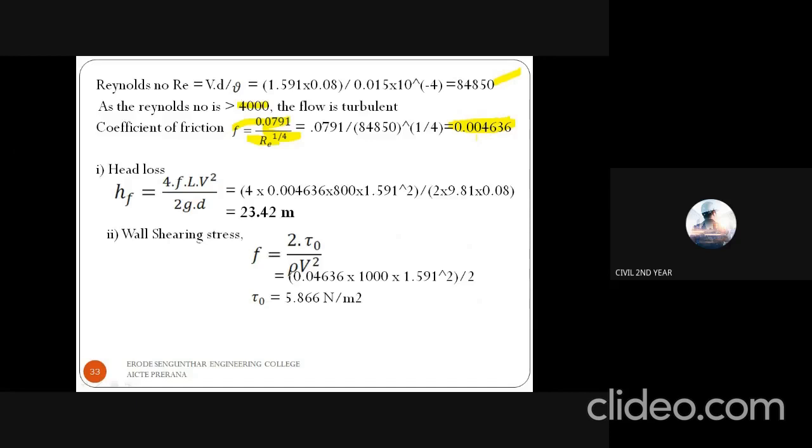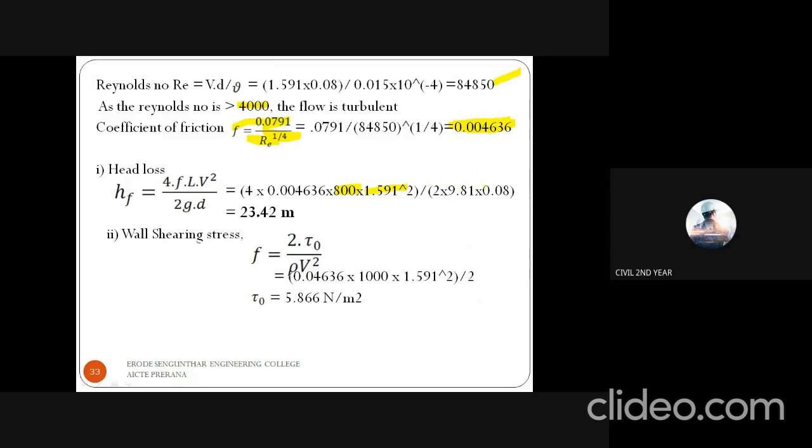So now substitute into the head loss due to friction formula: HF equal to 4F L V square by 2G into D. So 4 into F, 0.004636, into L, which is 800, into V square, 1.591 square, divided by 2 into G, the constant 9.81, into D, the diameter of the pipe, 0.08.